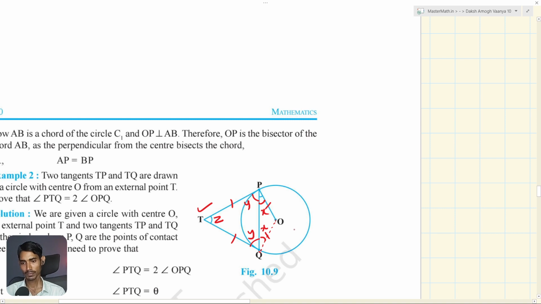Now, angle O is what? Angle O is equal to, let's take the triangle OPQ first. So angle O is equal to 180 minus X and X, right?